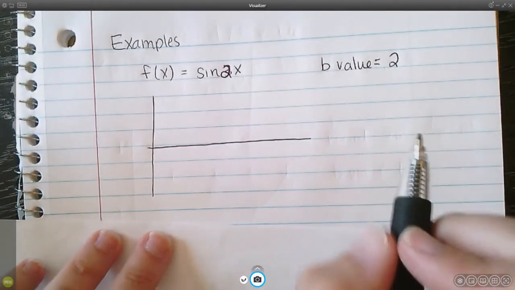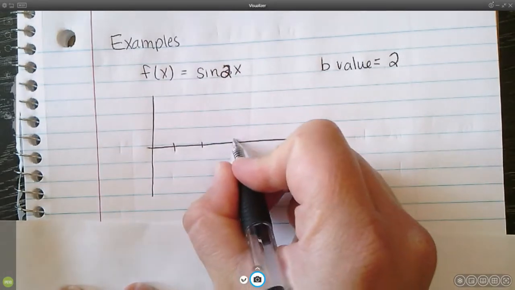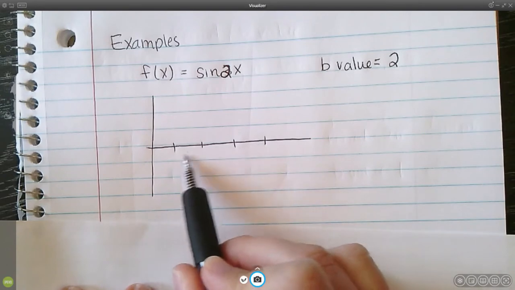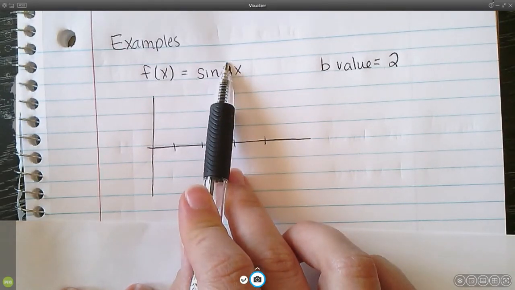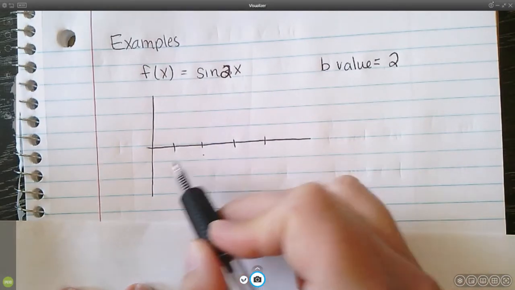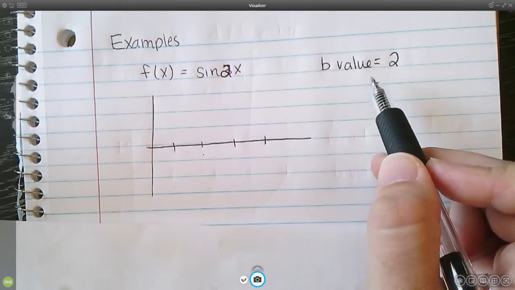So now the only thing that your period really changes, remember how we have to make these 4 marks? The only thing it changes is what I put on these marks. So if this 2 wasn't here, it'd just be sine of x. I would put 2 pi, and I would put pi here, just like we did last week. But now this b value changes it.